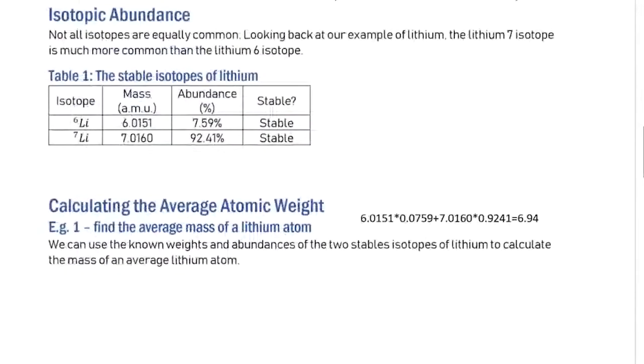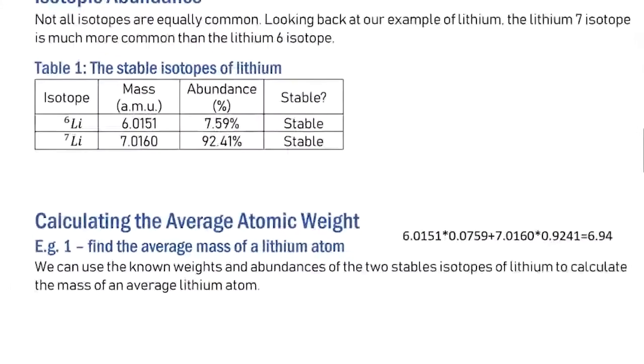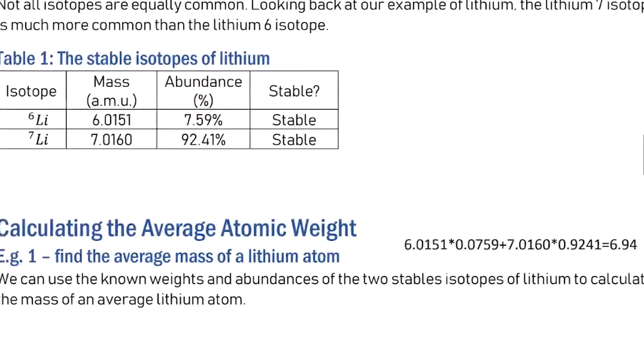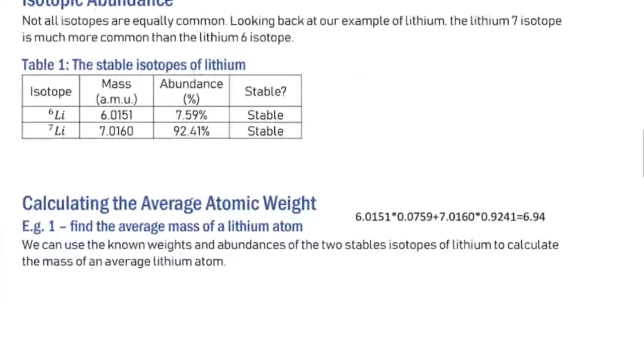Now, when we go to find the average weight of these, we're going to take a weighted average. And hopefully this is something you've done. Now, one thing I'm going to mention is that abundances are usually expressed in percentages, but we typically don't do math with these percentage numbers as they are. We usually have to convert these to decimals. So if you want the abundance as a decimal, what would it be?